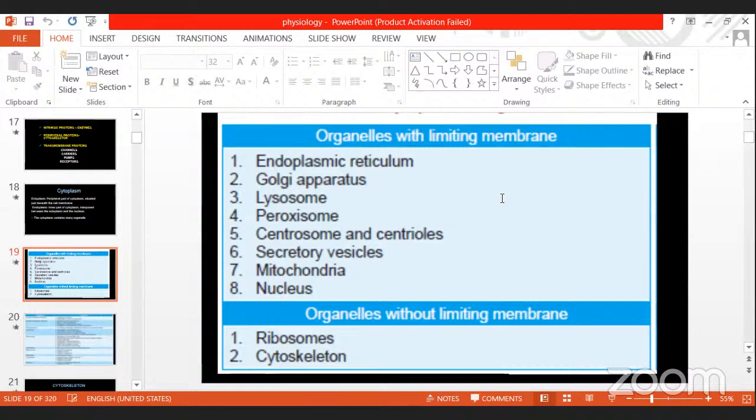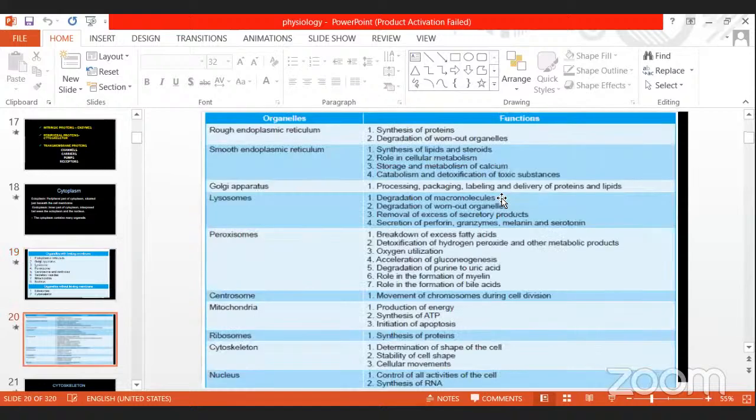Only two structures are without limiting membrane: ribosomes and cytoskeleton. So we can remember ribosomes and cytoskeleton as the organelles without limiting membrane, and all the other organelles are with limiting membrane.